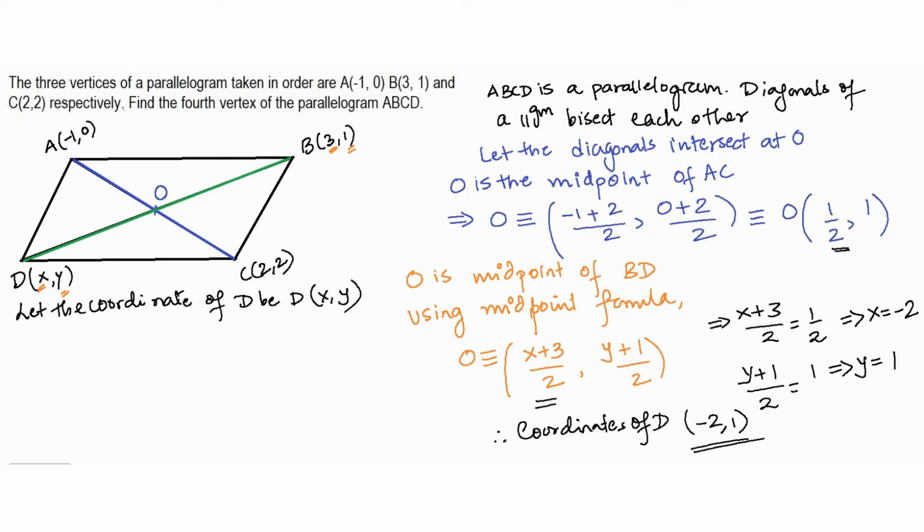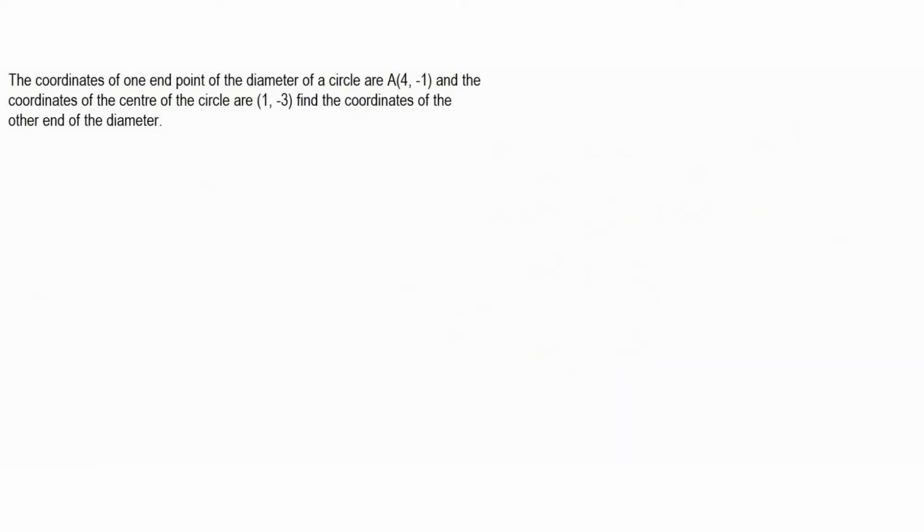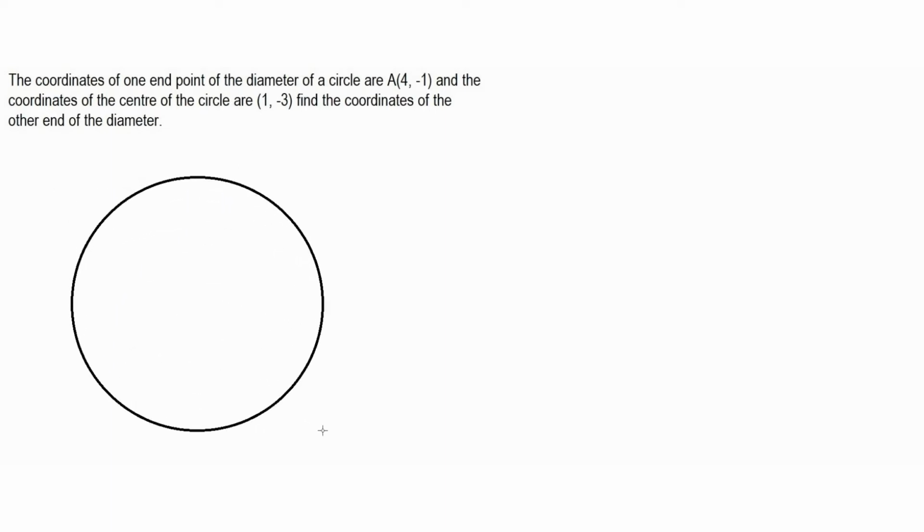Moving on to the next question. Let us consider the following question. The coordinates of one endpoint of a diameter of a circle. So this is a circle and this is a diameter. We know that the diameter definitely passes through the center of the circle. It is given that the coordinates of one endpoint of the diameter, that is the point A, is 4, minus 1.